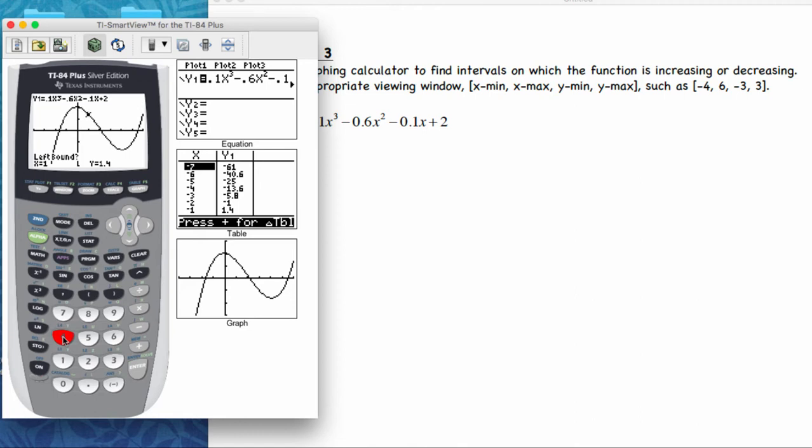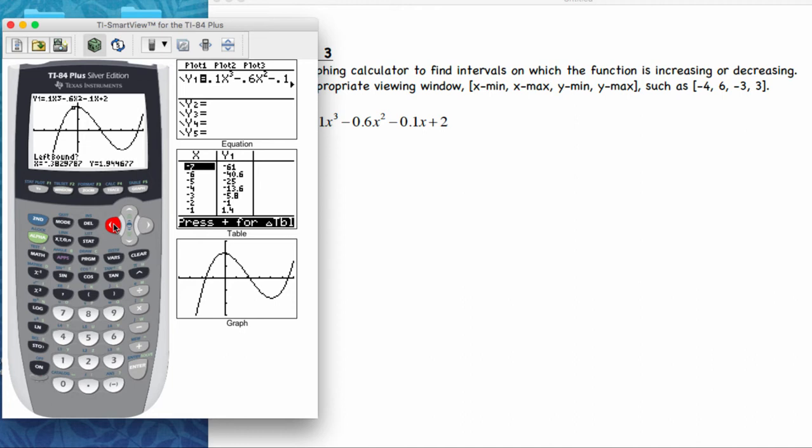That works as well. And then you will see that your graphing calculator is asking for a left bound, and that wants you to be to the left of your maximum. It wants you to move your blinking cursor to the left side of your maximum. So I think my maximum point looks about there, and I'm just going to hit my arrow key a couple more times to the left to make sure it is definitely on the left side of that max.